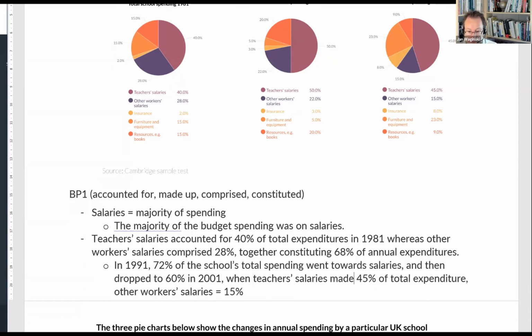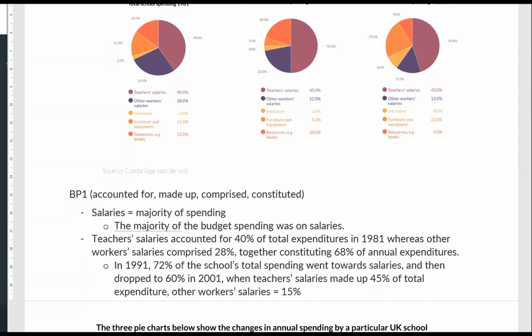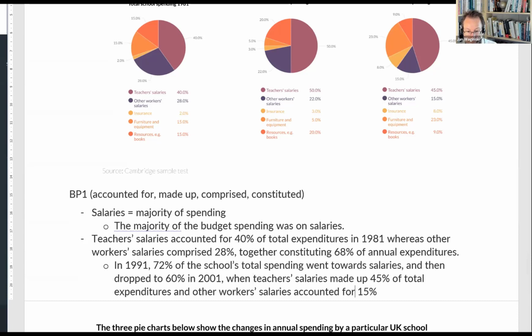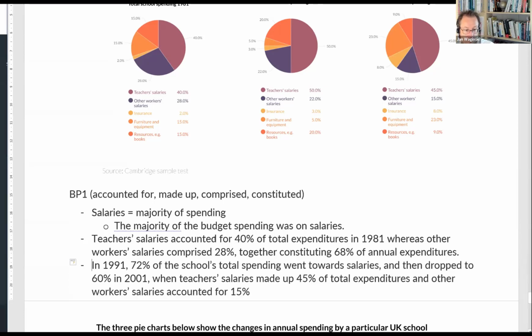Made up of 45% of just the total, not made up of, just made up. Made up 45% of total expenditure. Other workers' salaries accounted for 15%. There we go. Good. Very nice.